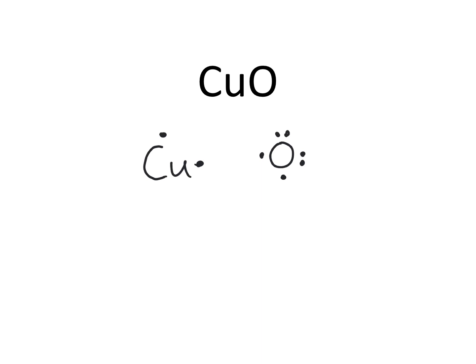How can we have a Lewis structure for this ionic bond? Well, we see that we have 2 single electrons over on copper and 2 open places on oxygen. So what you would do is draw arrows showing the electrons leaving copper and going to oxygen.